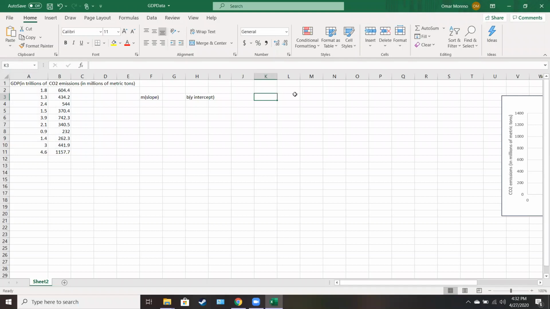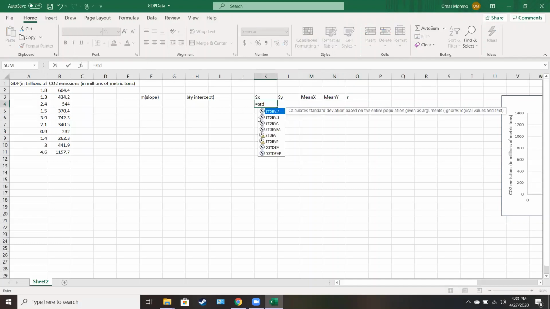So what do I need? I need Sx, Sy, the mean of the x values, the mean of the y values, and I need the correlation, r. It's very helpful to have Excel or Sheets available to do this. If I type equals STDEV.S, that's what I can use to find the standard deviation, and I just have to do this for both columns, the x values and the y values.